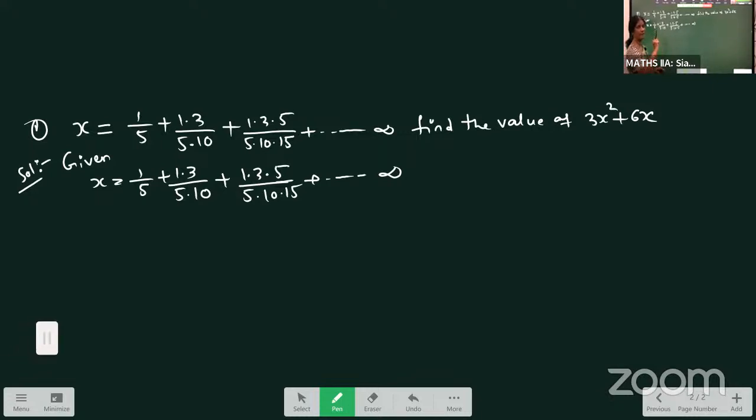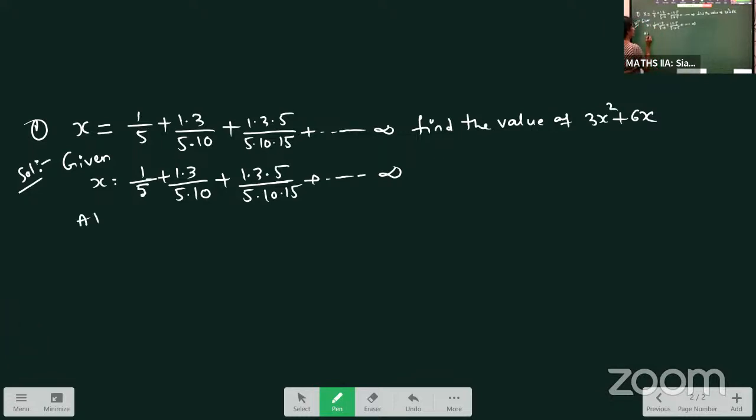First, the number of terms in the numerator and the number of terms in the denominator must be equal. If you reduce one term at a time, by the time you come to the end, the number of terms in the numerator is 1 and in the denominator is 1. Then after that, number 1 will be there. So here, the 1 by 1 term is not there.